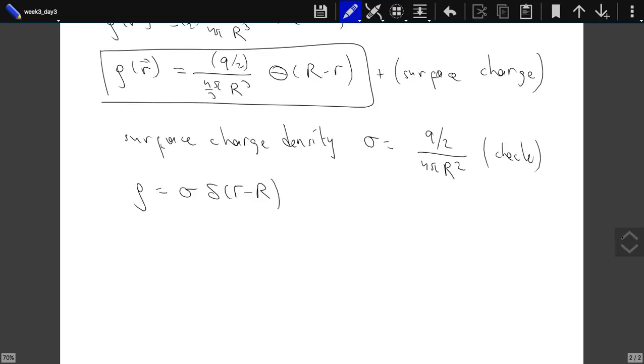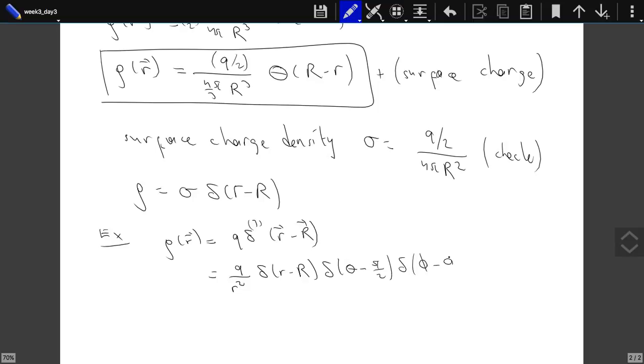One example would be if you put a point charge at the center, at the origin. We said that we can write this as Q over R squared, delta(r minus R), delta(theta minus pi over 2), delta(phi minus phi_0).